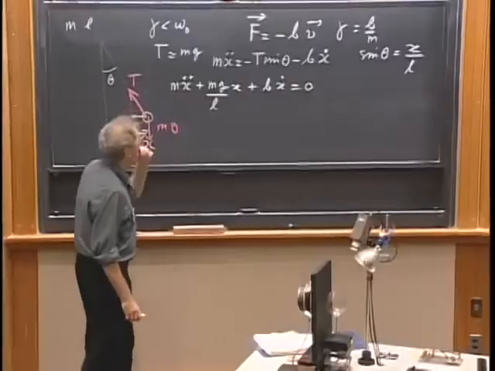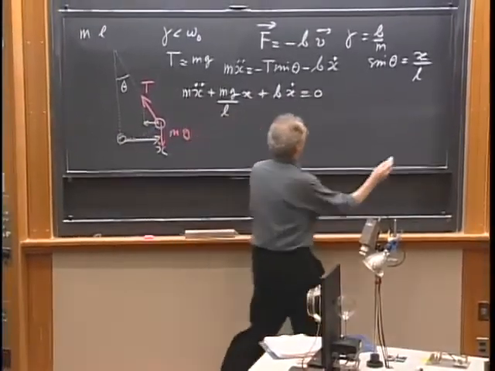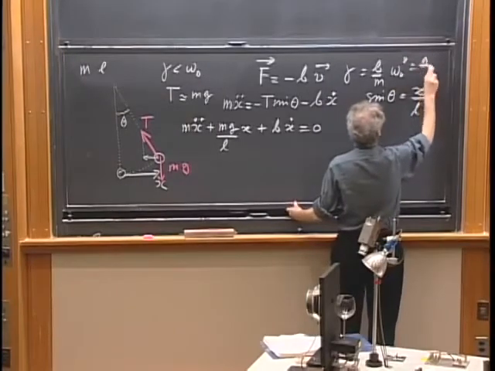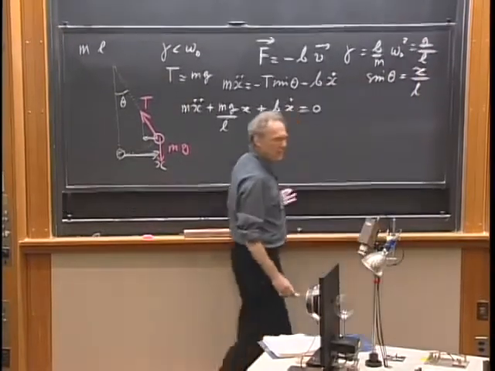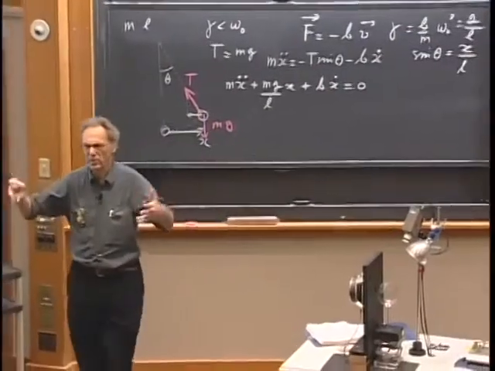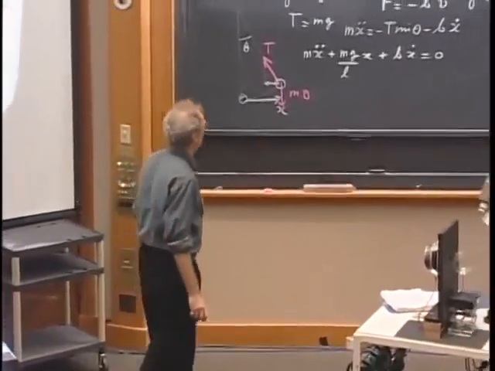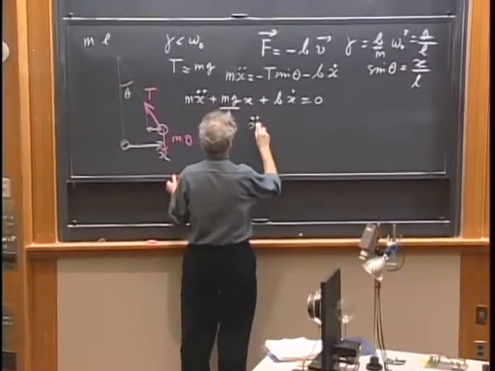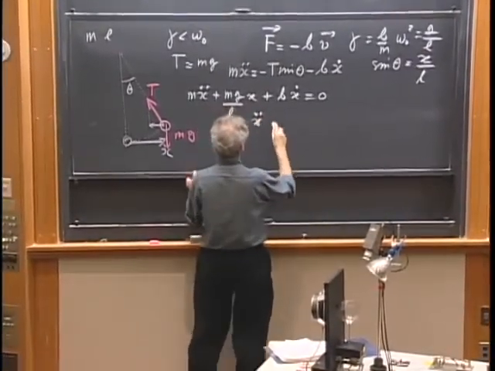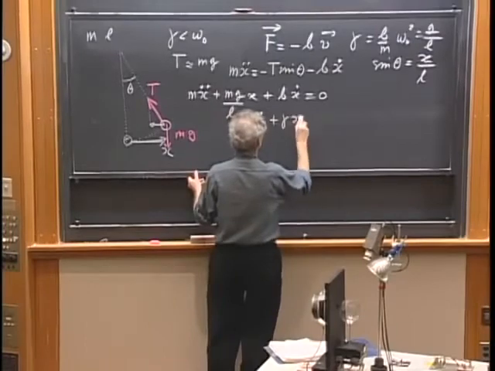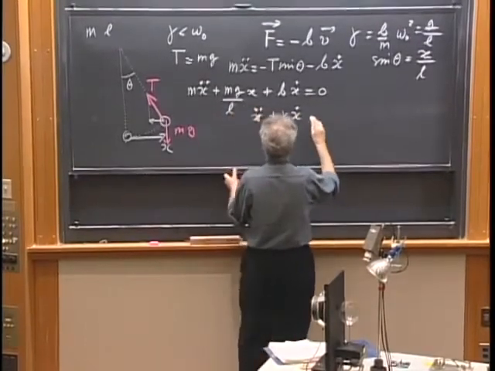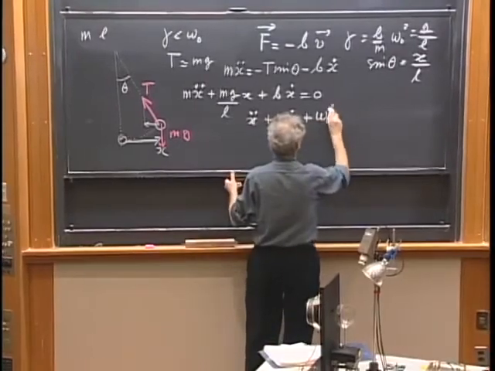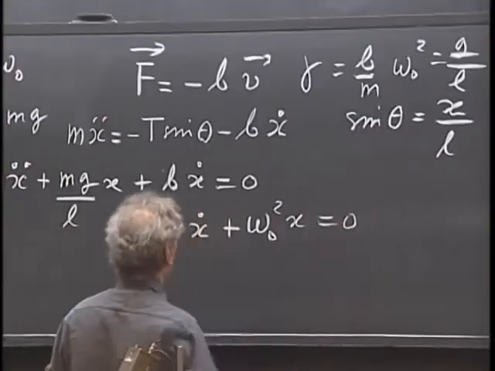So now I divide m out, and I also use the shorthand notation that omega 0 squared is g divided by L. These are shorthand notations which give you a little bit more insight when you see the solutions. And so that gives me now the differential equation that x double dot plus gamma times x dot plus, I divide m out right, plus omega 0 squared times x equals 0.